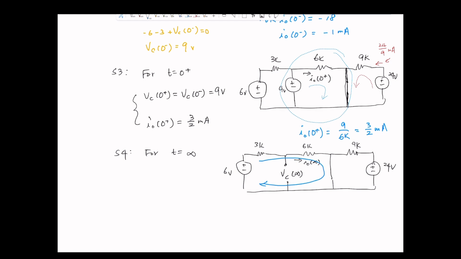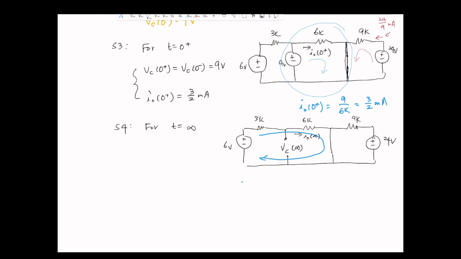So we do this loop: negative 6 plus 3k plus 6k times I sub 0 infinity equals 0. Therefore, 9k I sub 0 infinity equals 6, and I sub 0 infinity equals 6 over 9 milliamp, that is 2 over 3 milliamp.